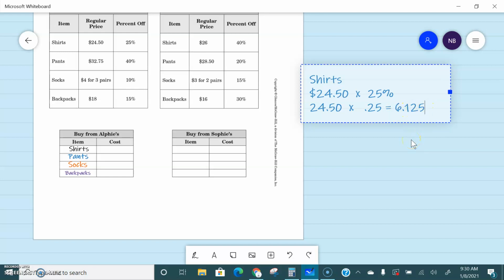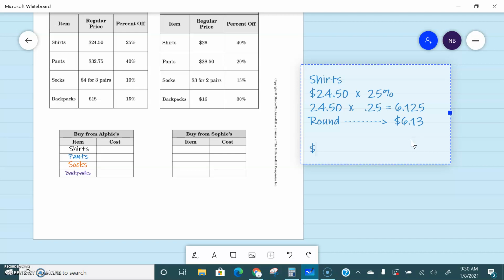So what we'll do is round. And when we round, $6 and 0.125 rounds up to $6.13.